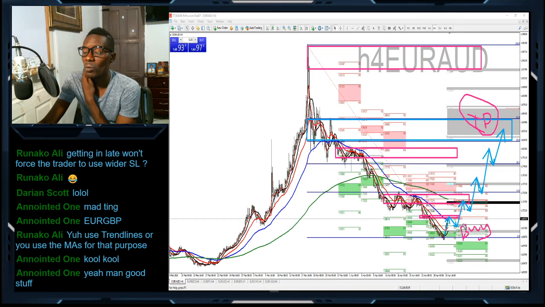But remember, all the challenge area right here. If I get past here, this is the next target area, and the next target area right here, and you're off to the take profit zone.